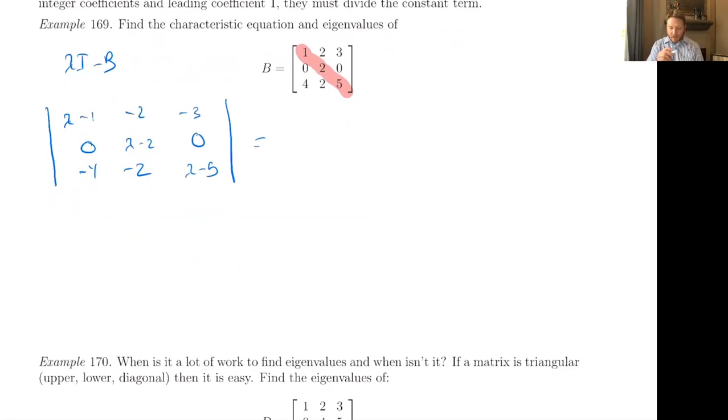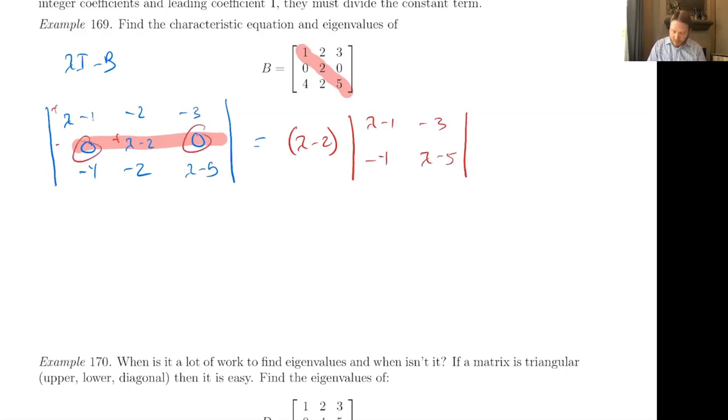What we'll do is a cofactor expansion along the middle row. Okay, so that's nice. So that's plus, that's minus, that's plus. So it's going to be lambda minus 2 times the determinant of the submatrix, which is lambda minus 1, negative 3, negative 4, lambda minus 5.